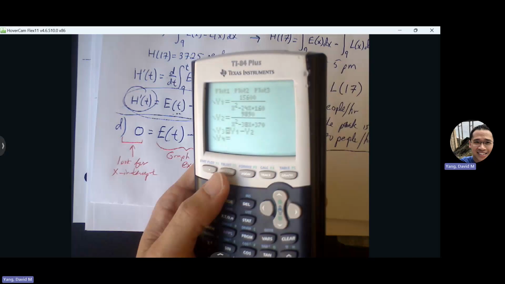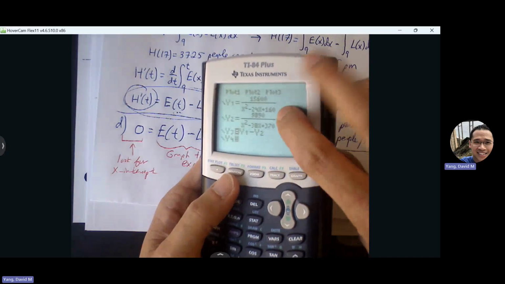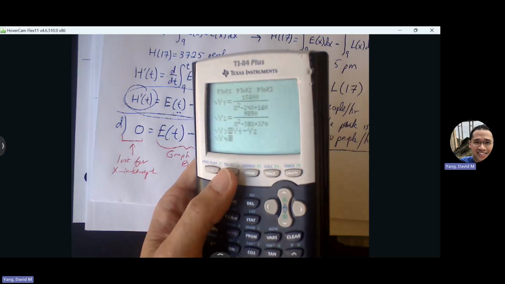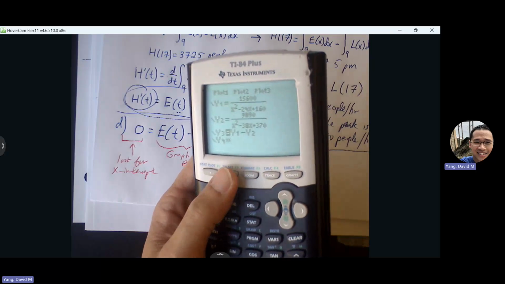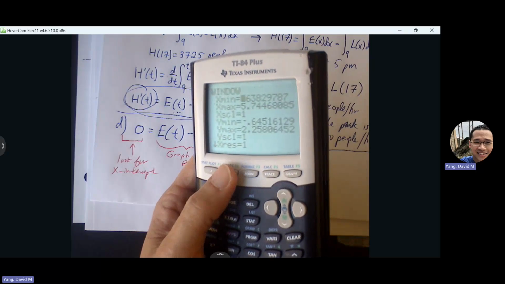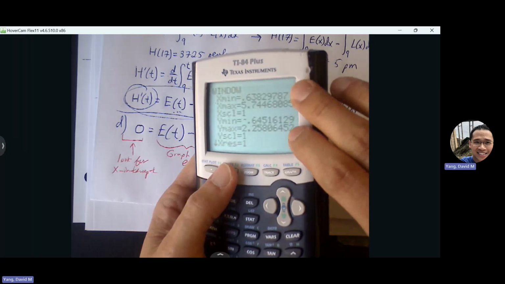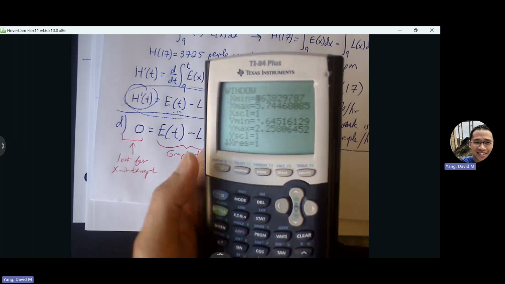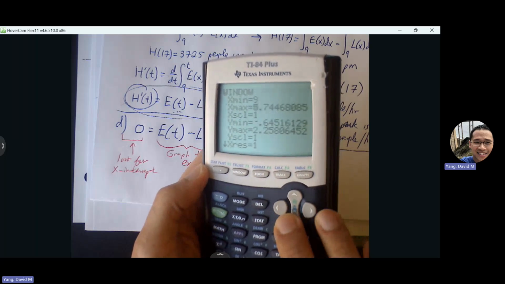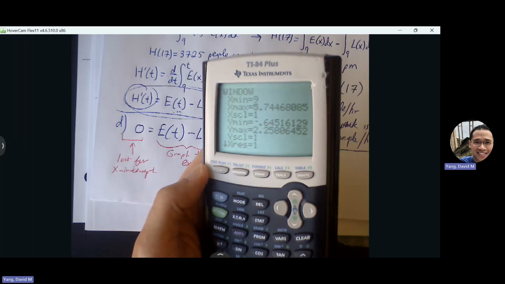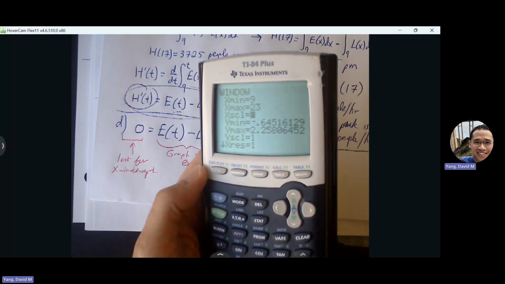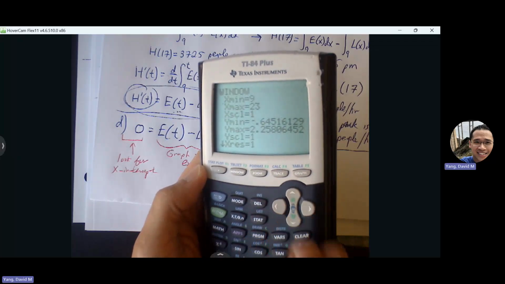But my window may not be ready for it. If you look at your numerator, these are all in the thousands, so these are going to be pretty high y values. I'm going to make an estimation here. Under my window, I'm going to adjust x min, x max, and y min, y max. If you look at your domain, we're looking at between 9 and 23, so some time between 9 a.m. and 11 p.m. For y min, y max, I'm just going to estimate.